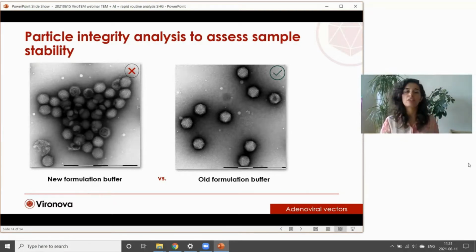You can see that in the old formulation buffer, the particles were quite happy, they were intact and not clustered together at all. The new formulation buffer, however, made changes to that. The particle integrity was lost. They broke and they clustered and aggregated together, giving you an undesired effect.